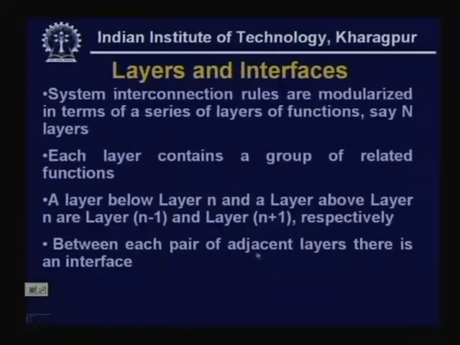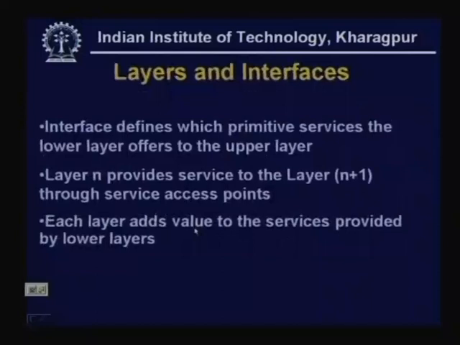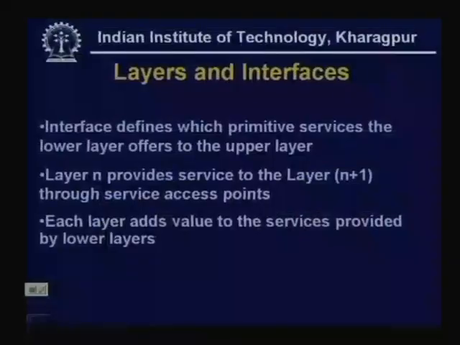Then between each pair of adjacent layers there is an interface, as I was telling, and the interface will define which primitive services the lower layer offers to the other layers. As we shall see, a lower layer will provide service to the upper layers. That means the lower layer is a service provider and an upper layer is a service user, and layer n provides service to layer n plus 1 through service access points.